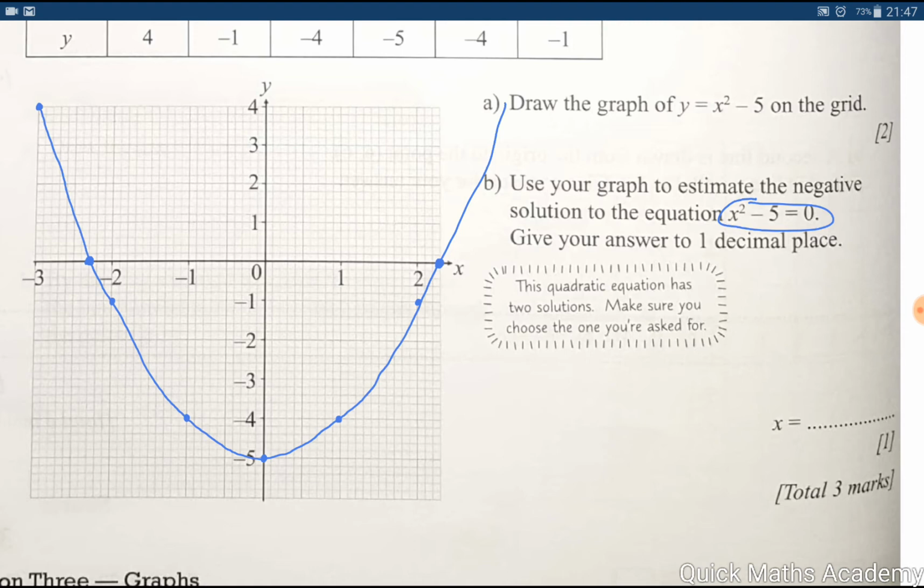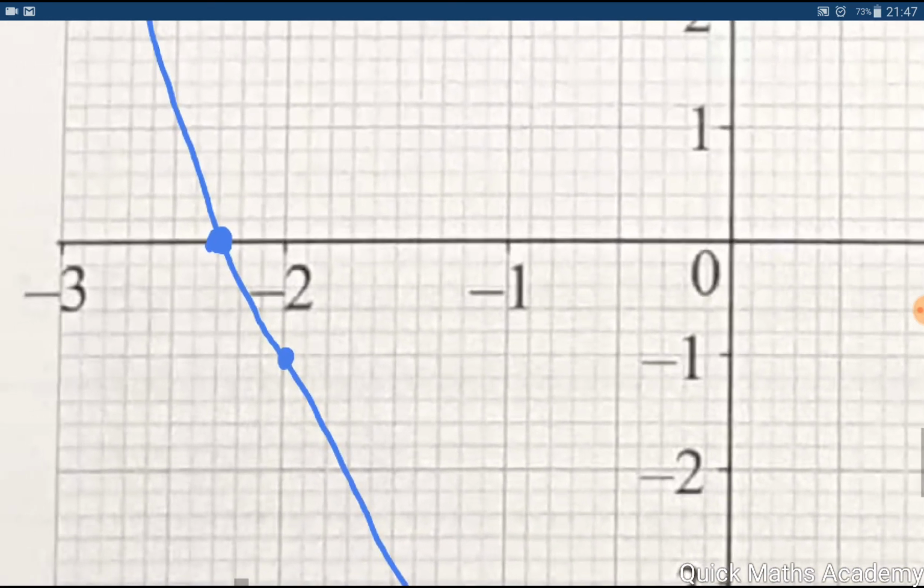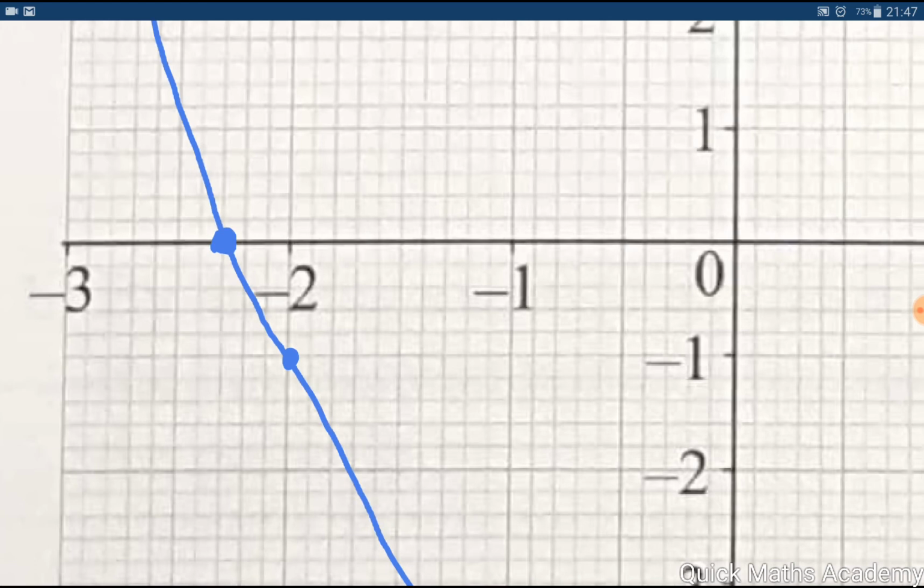Estimating. We are estimating, so we don't really know for sure what the point is, but I think to 1 decimal place we can do it. Let's try it. I am between -2 and -3. So I have here -2.1, -2.2, sorry guys, -2.1, -2.2, I would say -2.3 would be quite a good estimation.